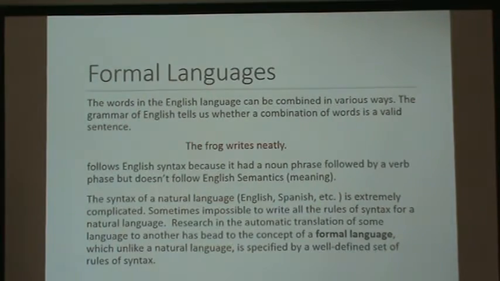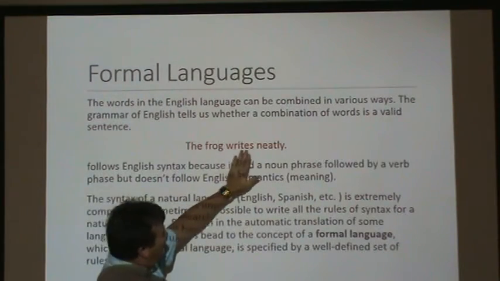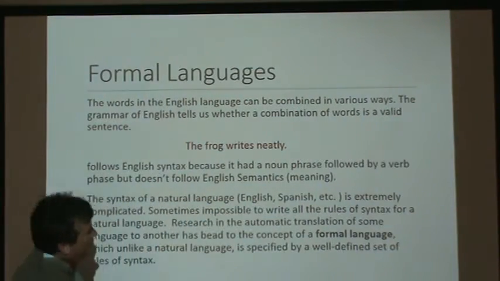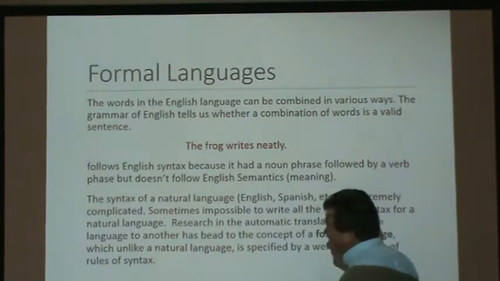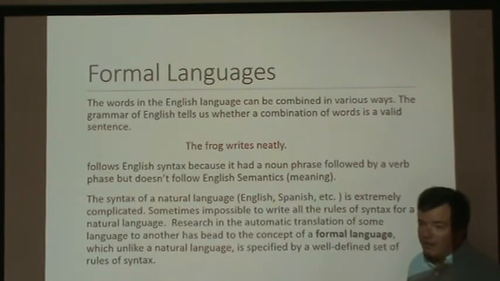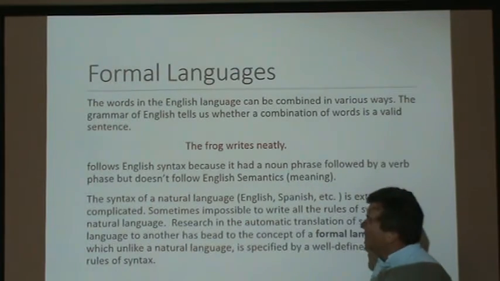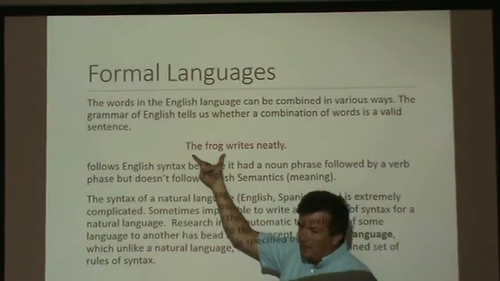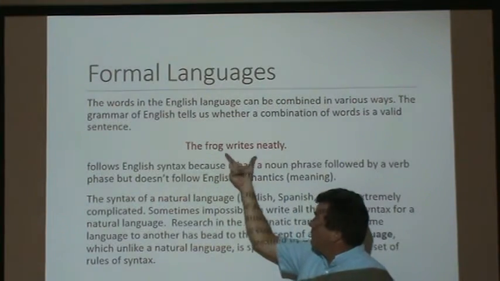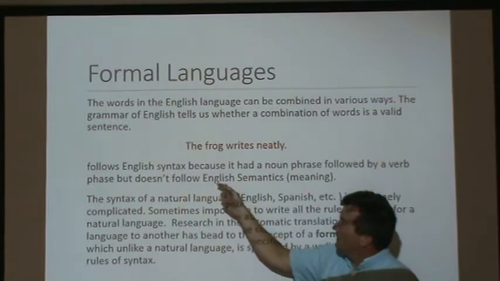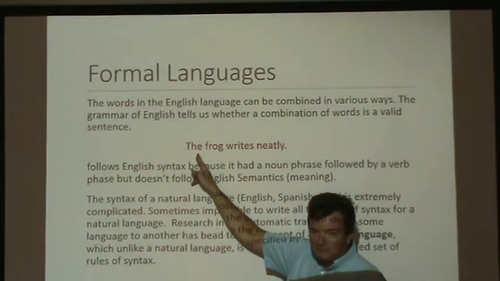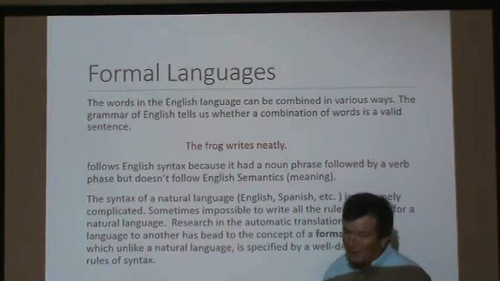So for example, we can say "the frog writes neatly." This is an example out of Kenneth Rosen's book. "The frog writes neatly" would actually follow English grammar, because we have to have a noun followed by a verb, and then the verb could be followed by an adverb. So we could say, and this is what I call an article, "the" in front of "frog."